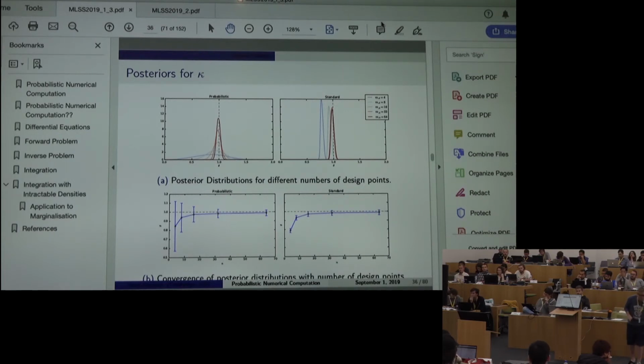And in the probabilistic case, you can see exactly the same. It is consistent: as n increases, we converge to a mean which takes on the value of the true generating value, kappa equals 1, and you can see that the variance is shrinking.